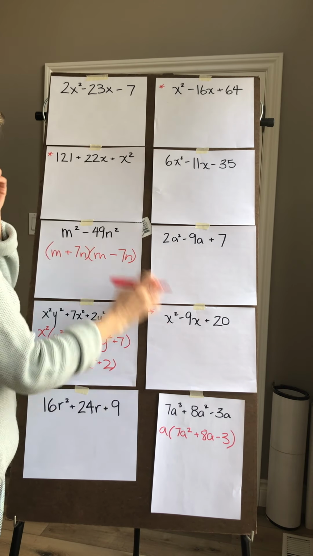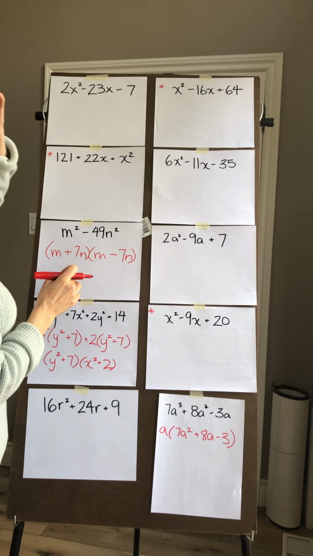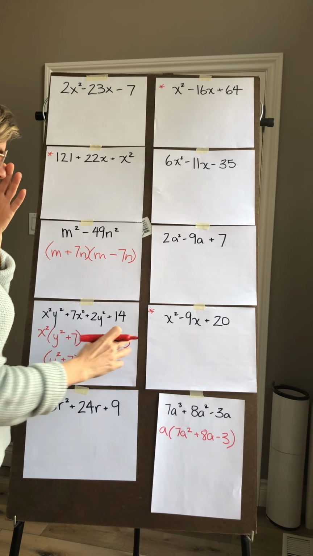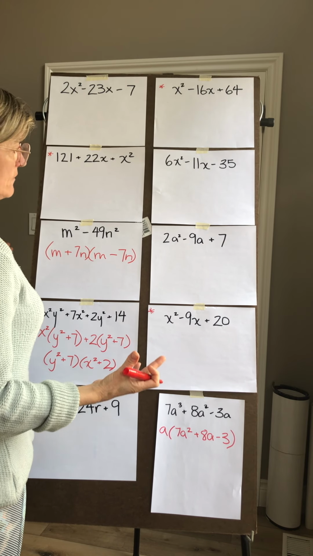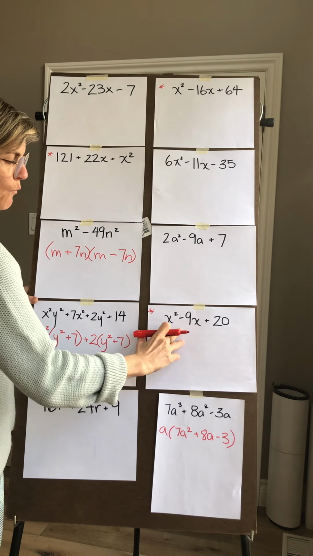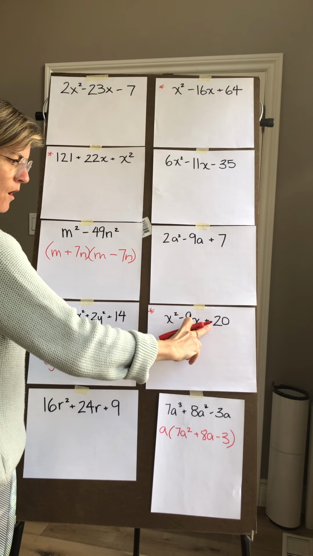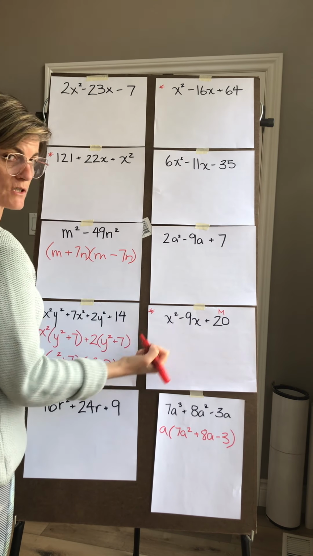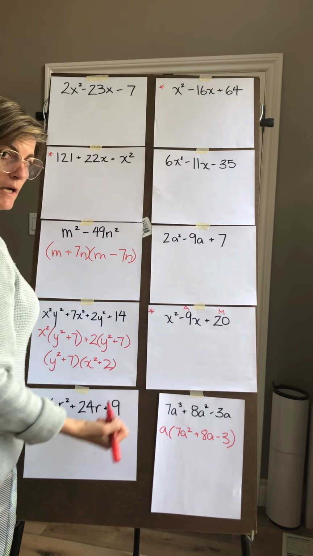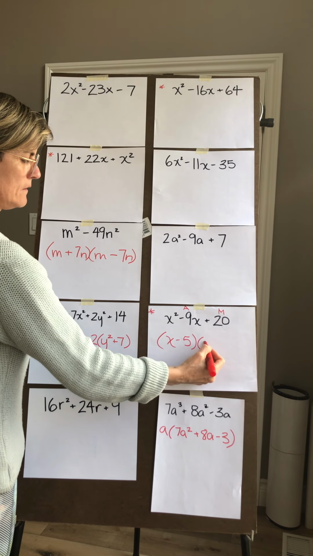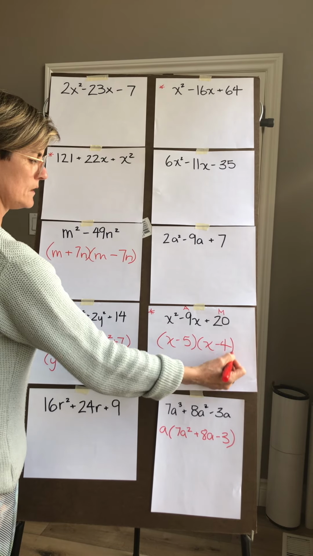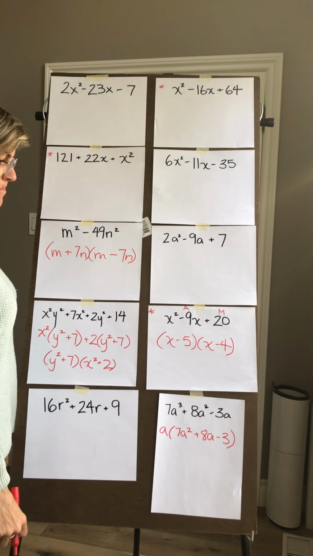These are actually all simple trinomials, okay? That means that the value is 1 in front of the x squared. So then you just think of this. Okay, so let's go down here. What two numbers multiply to 20 and add to -9? -5, -4? Okay, that's it. Done.